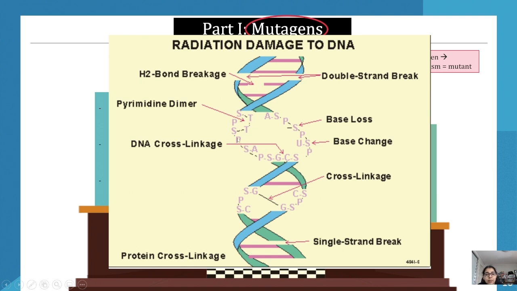There can also be pyrimidine dimers, which is when the bases turn inwards to connect to one another instead of connecting straight across. There can be a loss of bases, base change, and cross linkage. There can be single strand break and also protein cross linkage. So there are lots of things that can happen here.